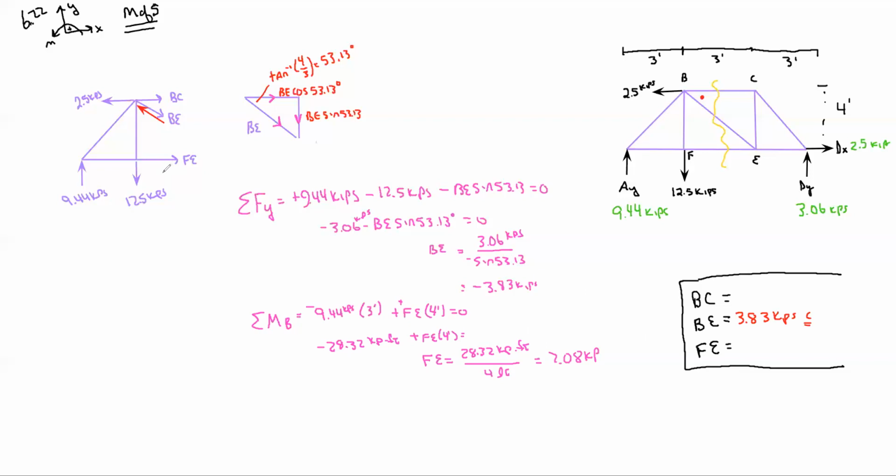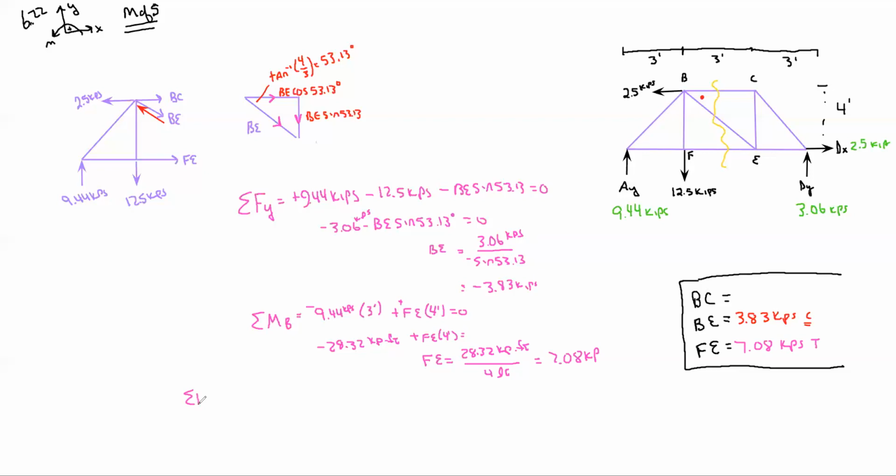So the reaction at pin F is to pull away, which would be a reaction to the member being in tension. 7.08 kips tension. And hopefully that now will allow us to grab the last of our pieces.